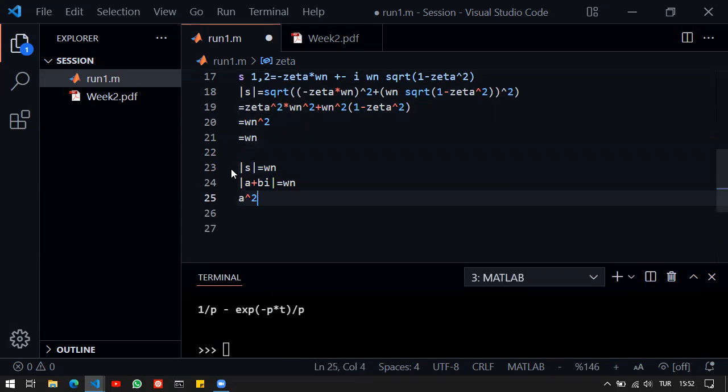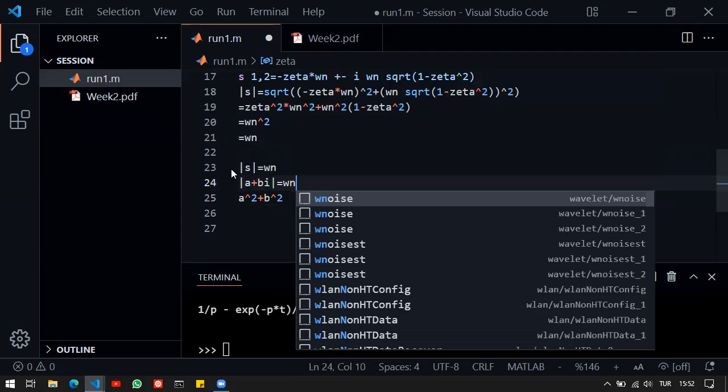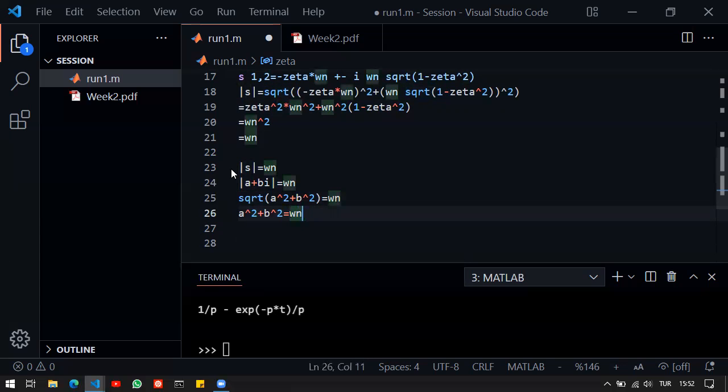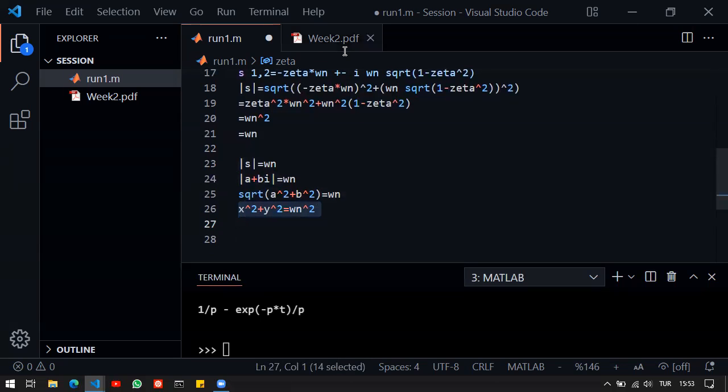We would have a squared plus b squared and then the square root of this. And that would be equal to omega n, or in other words, if I take the square, I'd get a squared plus b squared equals omega n squared, or let's call them x and y. Do you know what this is? This is basically a circle. The center is the origin, 0, 0, and the radius is omega n.